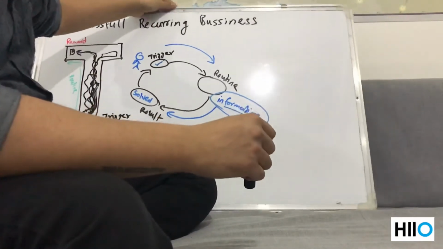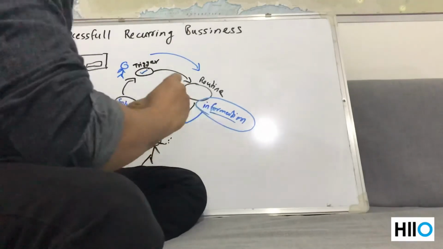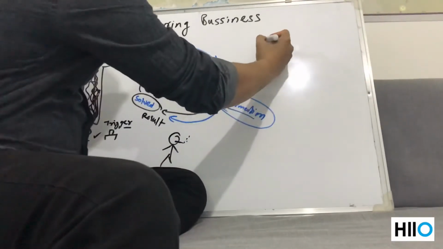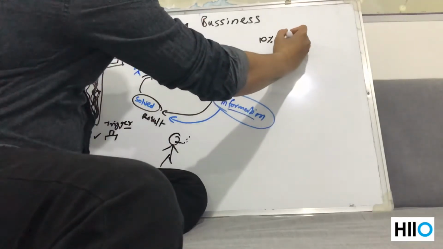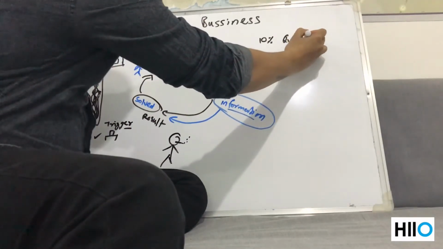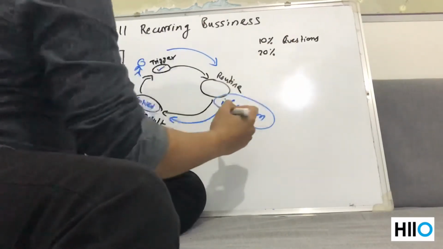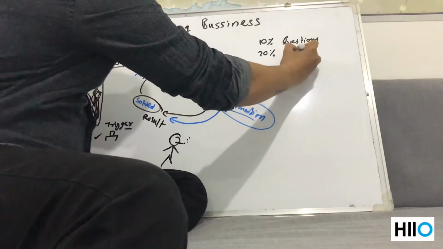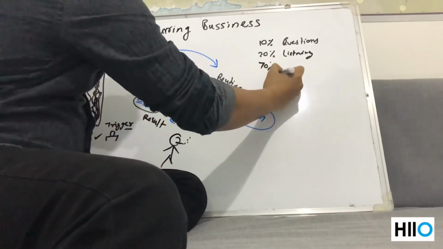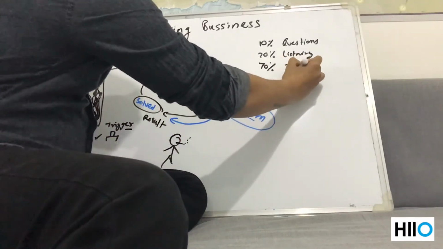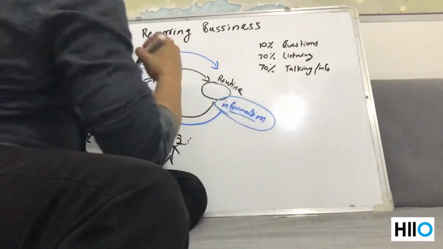I would suggest that what we usually do is this: 10% of the time we ask questions, 20% of the time we are listening, and 70% of the time we are talking. Essentially, we are providing the information to them to solve their problem.